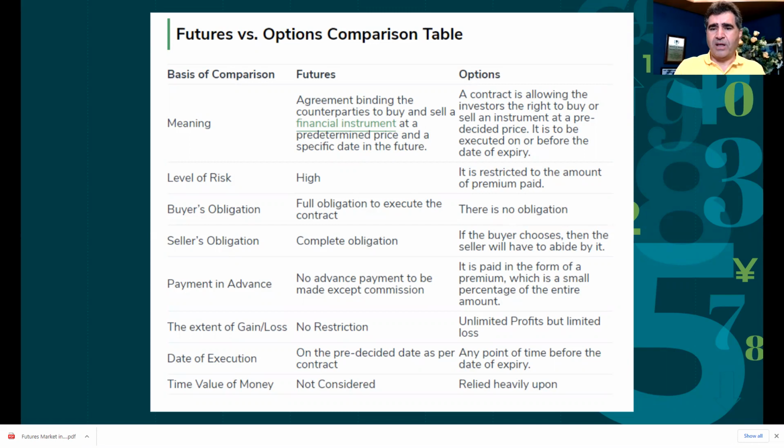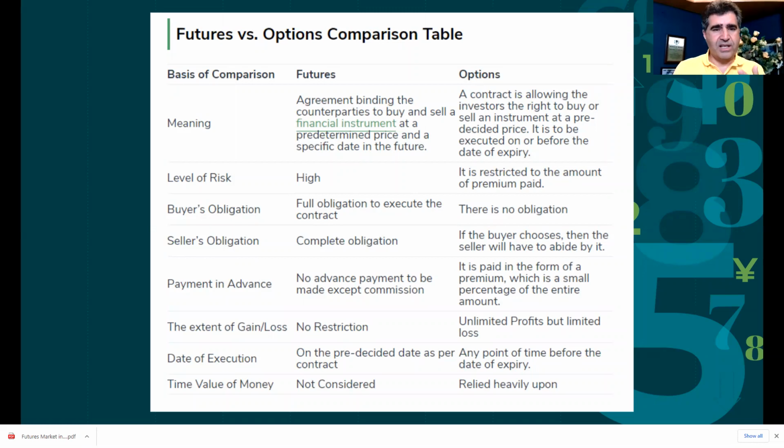It's the same with options. We have someone who has the right to buy, not the obligation. He has the right to buy or sell an instrument at a predetermined price. Now, it could expire or be executed before. With futures, it's the settlement date on which it will be done. So there's a difference right there.